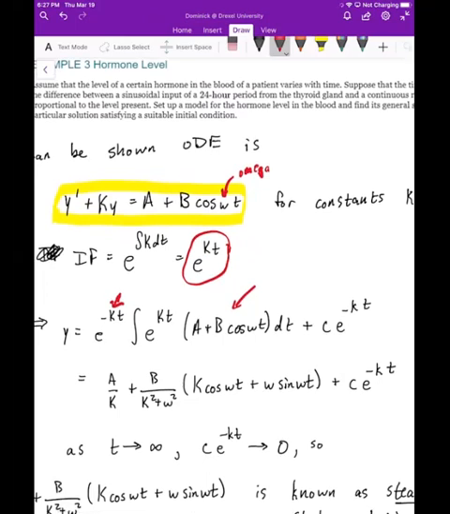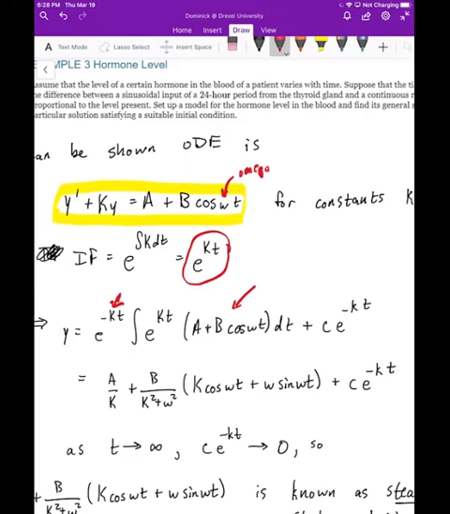Now, if you do a little bit of algebra here, once you integrate the e to the kt term, you're just going to get a k out front of that. Then you have to worry about the b cosine omega t term. You'll need an integration by parts there, right?